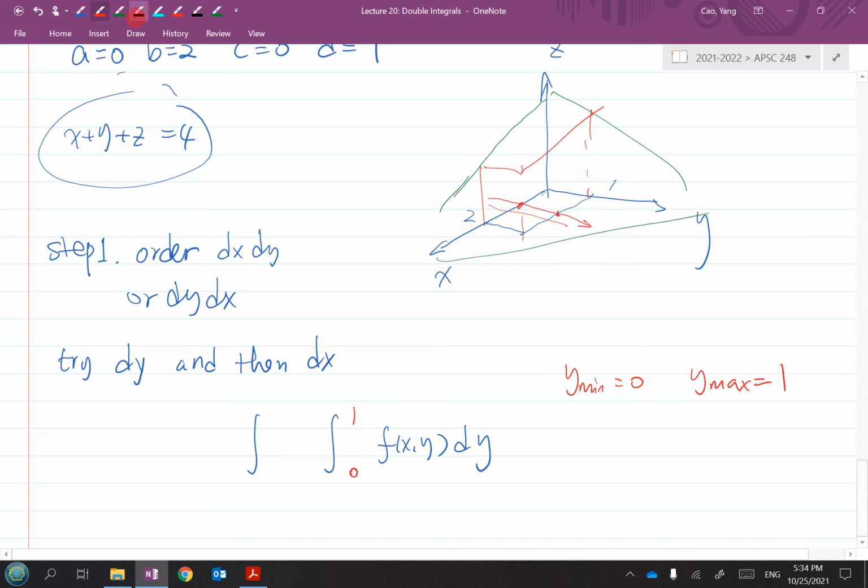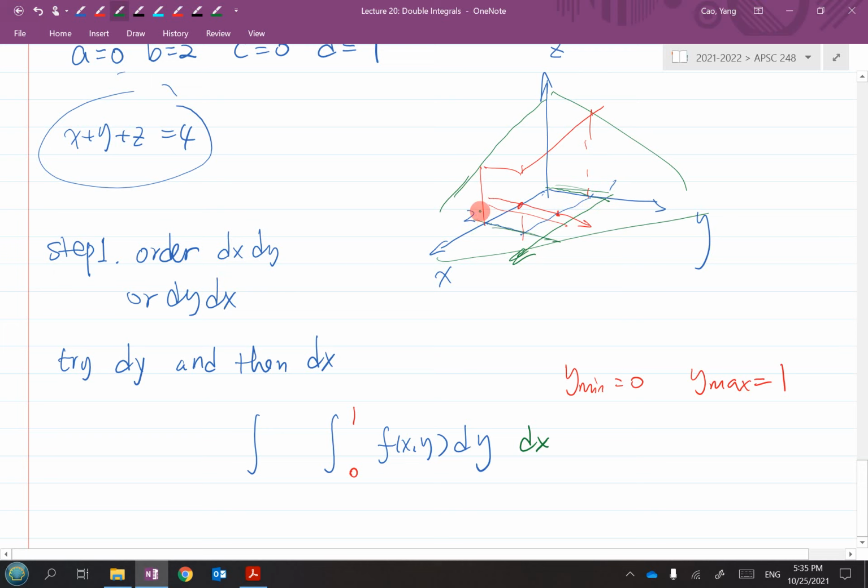The next step is to scan in the x-axis direction, to scan through the whole region R. So you're going to move across the region R in the x direction to scan it. As you can clearly see, the limit for x min starts from here, which is 0, and ends up here, which is 2.